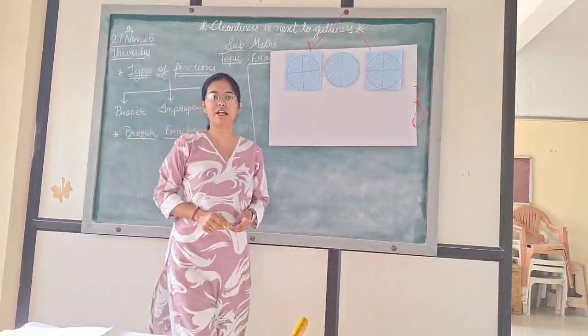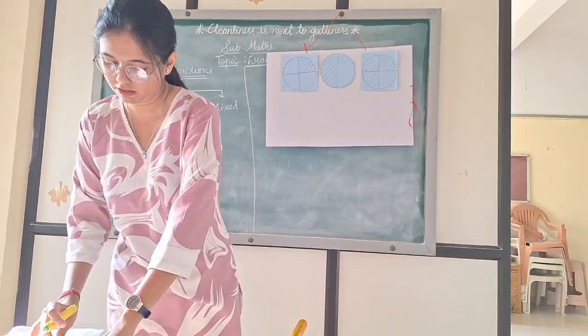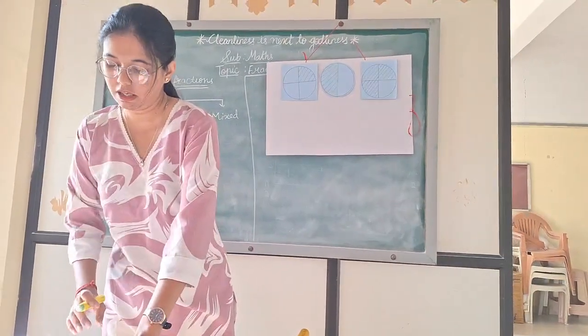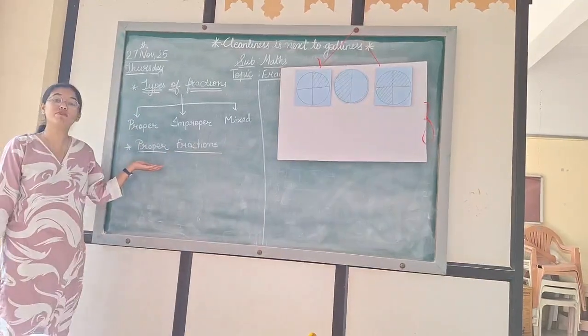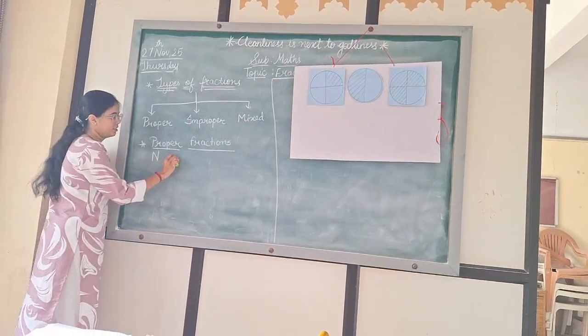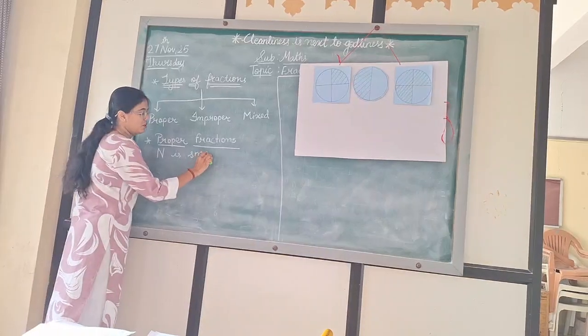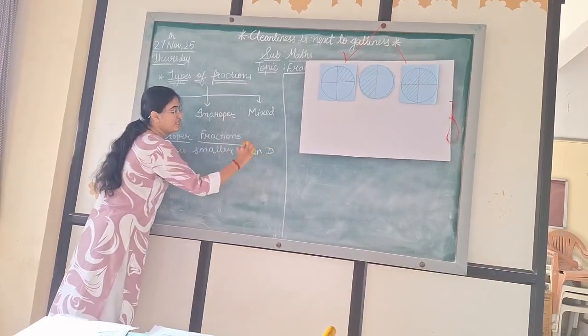See, in this type of fraction, the numerator is always smaller than the denominator. Okay, numerator is smaller than denominator.